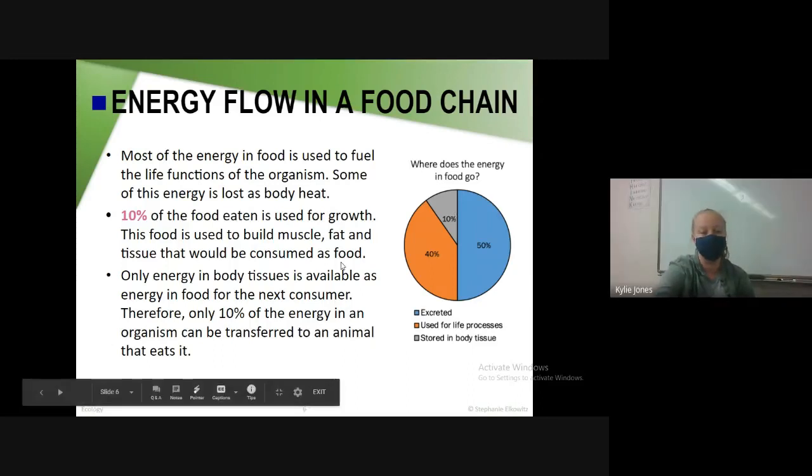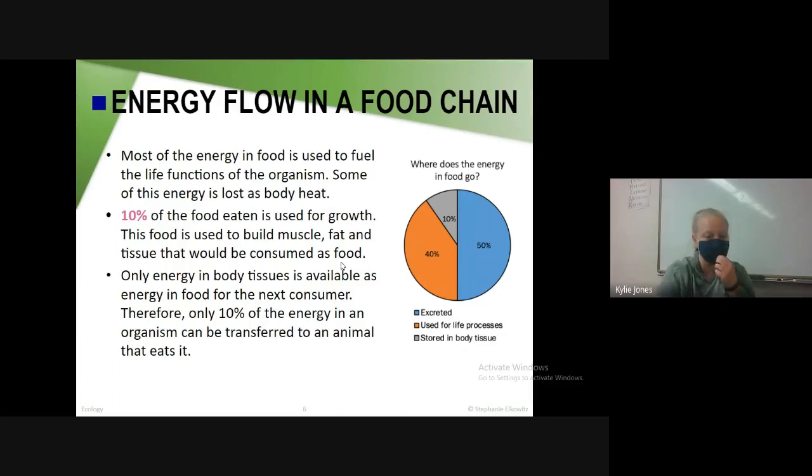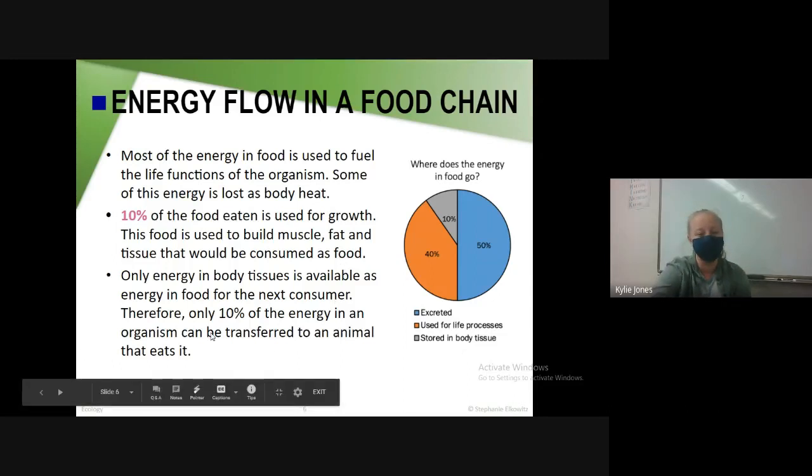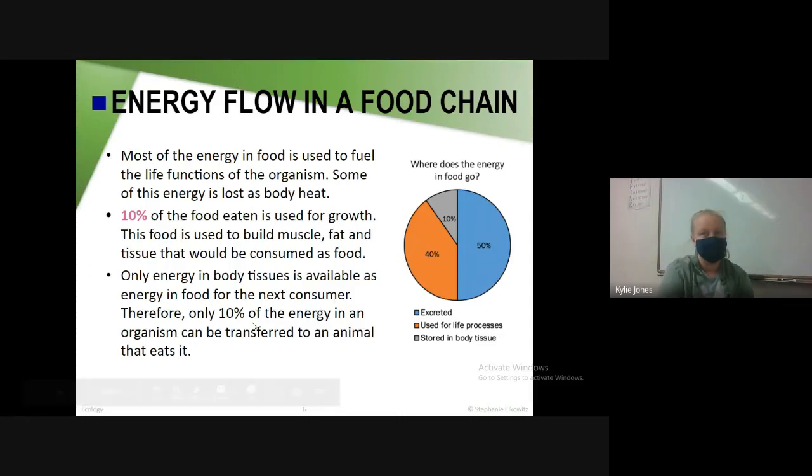Only energy in body tissues is available as energy in food for the next consumer. Therefore, only 10% of the energy in an organism can be transferred to an animal that eats it. So only 10% of the energy of the things that get eaten. So let's say a lion eats a gazelle.